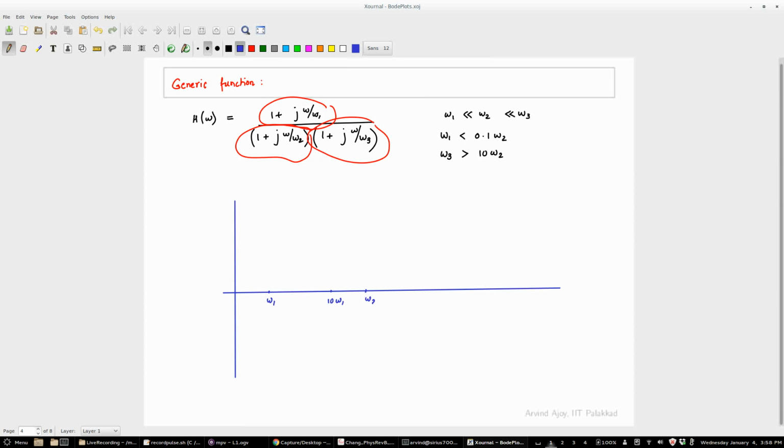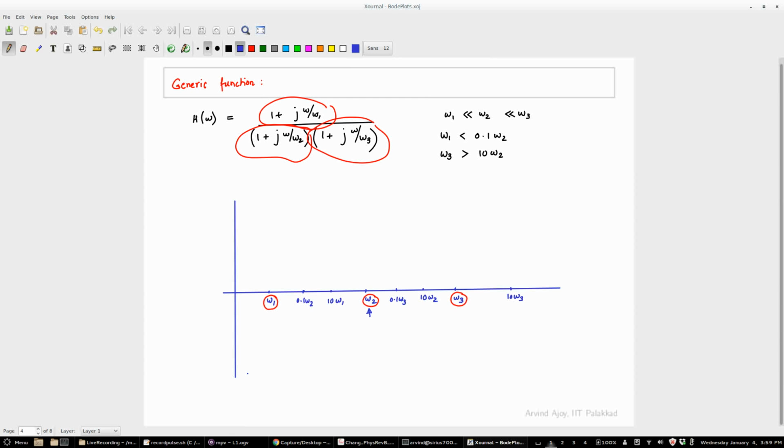Let me start with omega 1, and let me mark 10 omega 1. Then let me put omega 2 here, and mark 10 omega 2, and then omega 3 here, and I will have 10 omega 3.